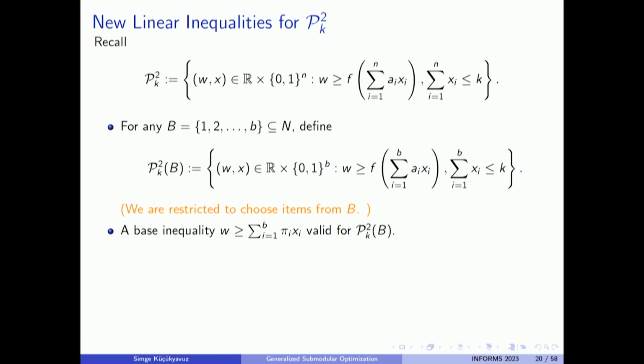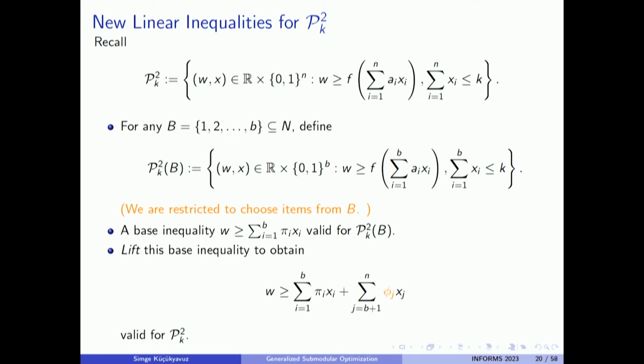Then, if you know a Weld inequality for this base case, so we call it a base inequality, some sum of pi_i x_i that is valid for the set, we're going to try and introduce the variables that we've been ignoring to this inequality to make it valid. And that's the process called lifting. So we lift this inequality with the variables that we've been ignoring and get coefficients phi_j for those variables. Without loss of generality, let's say these are from b plus 1 to n.